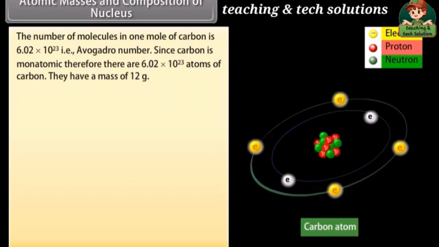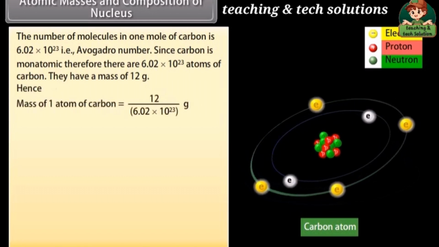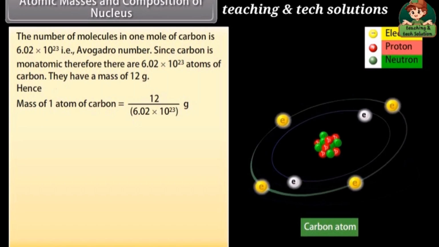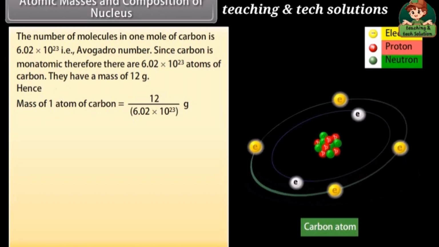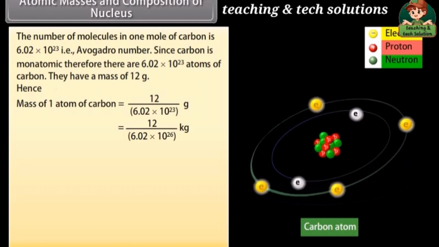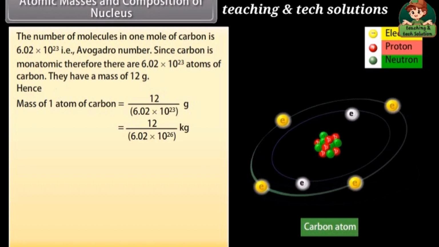They have a mass of 12 gram. Hence, mass of one atom of carbon is equal to 12 by 6.02 into 10 raised to the power 23 gram, which is equal to 12 by 6.02 into 10 raised to the power 26 kilogram.